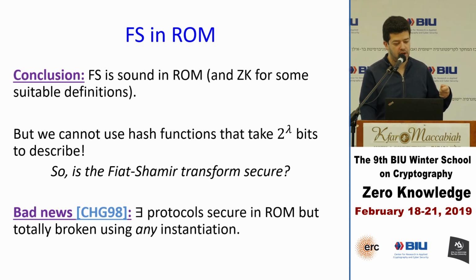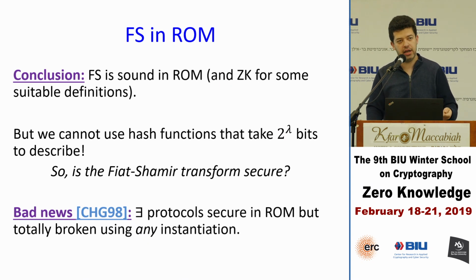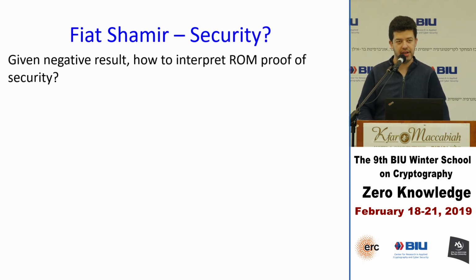This is a negative indication of what soundness in the random oracle model means. And indeed, I promised a couple of slides ago that I want to discuss what security in the random oracle model means, so let's do that now.